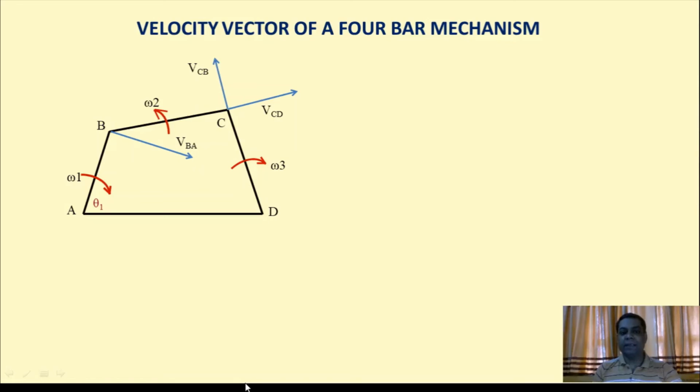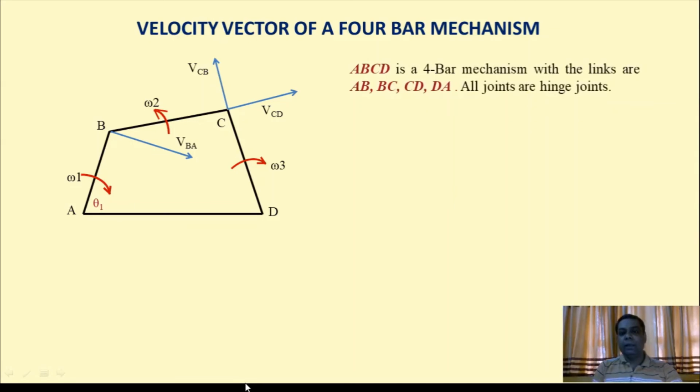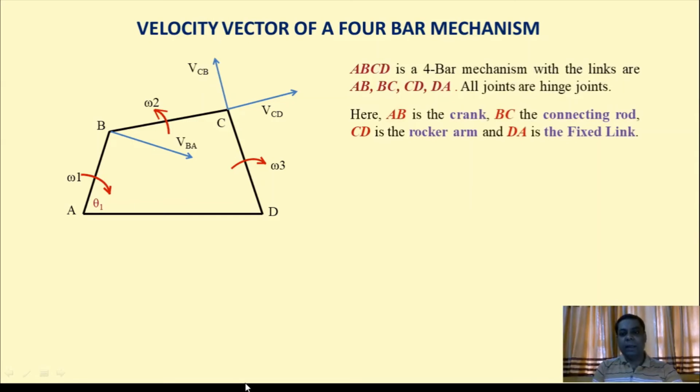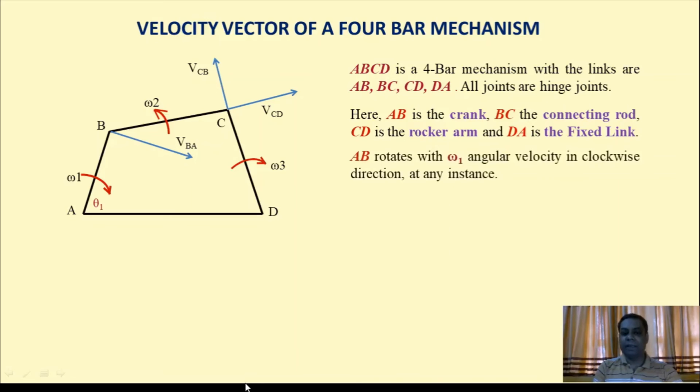So at any instant the velocity component of B, Vba, makes an angle of 90 degrees, or is perpendicular, to the imaginary line connecting point A to point B. Here AB is the crank, BC is the connecting rod, CD is the rocker arm, and DA is the fixed link.